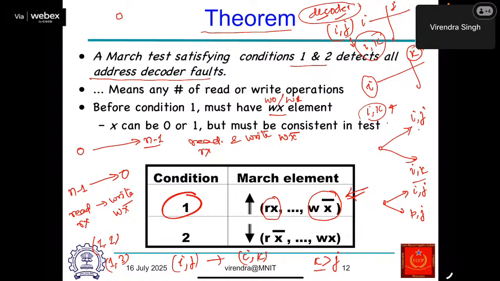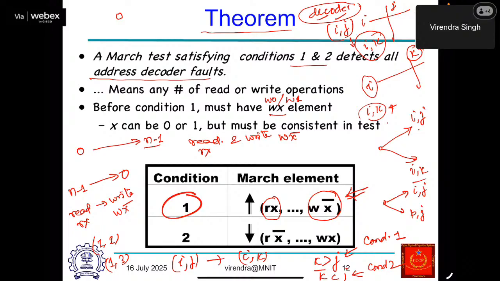So this can be captured by condition 1. If k is less than j, that is captured by condition 2 in exactly the similar way. Therefore, for address decoder faults, you don't need to make extra effort.